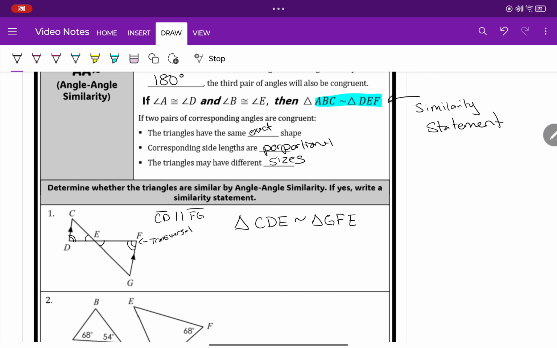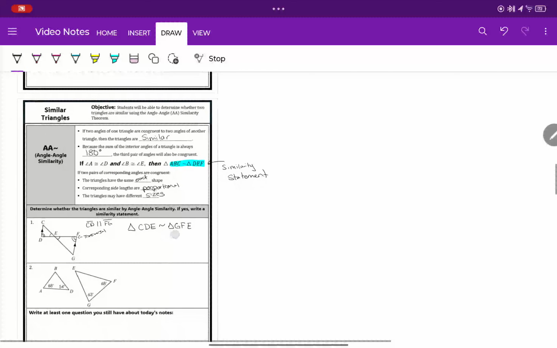At first, it was a little harder to tell which of my angles were corresponding to each other, but the moment that I marked out my alternate interior angles from my transversal lines, I could see that angle F and D are now congruent, so it makes sure that I'm writing my statement in the proper order.